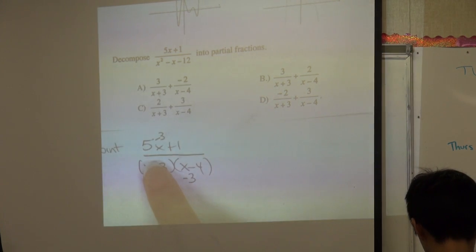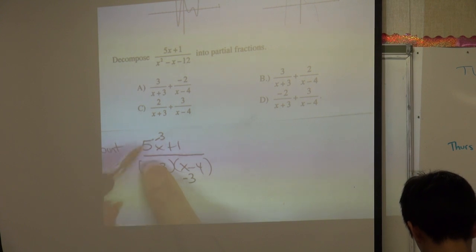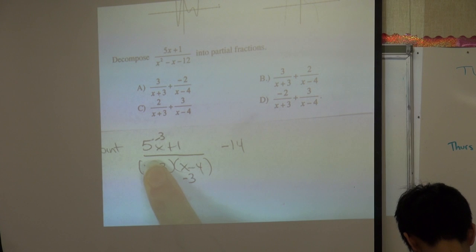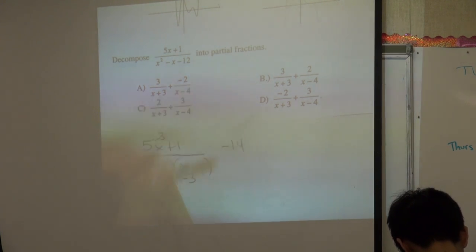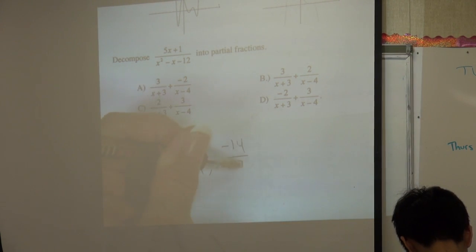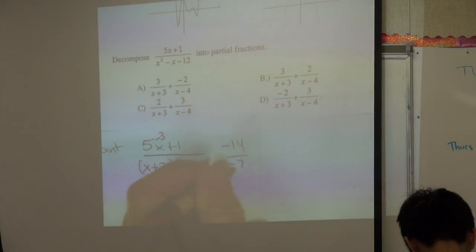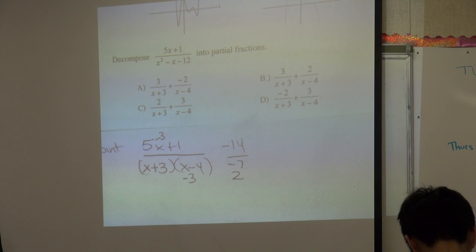where x is, and you get negative 15 plus 1, or negative 14, over negative 3 minus 4, or negative 7, and you get 2. And now you know the correct answer is C, and you don't even have to finish the problem.